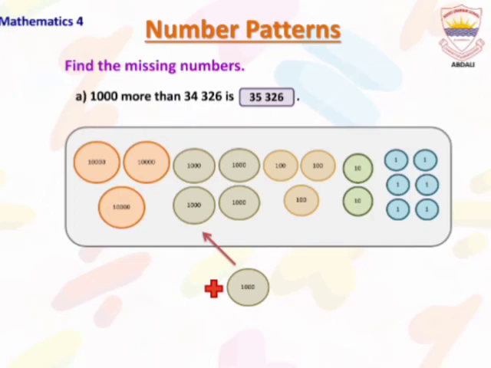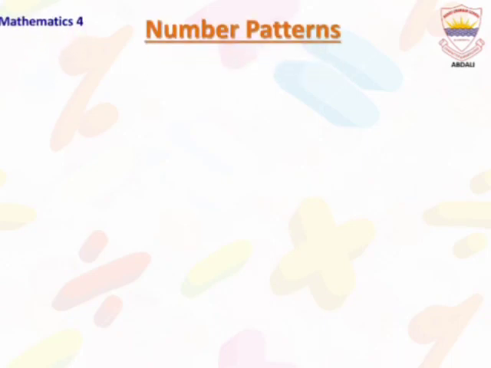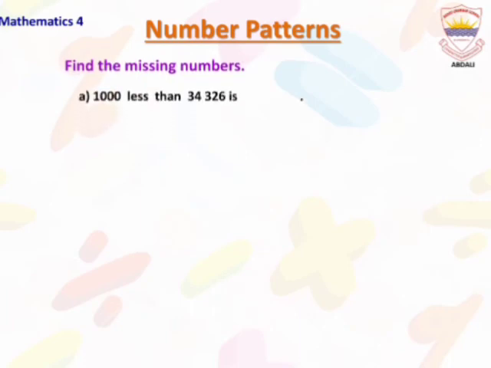Now, students, it's time for less than in the 1,000 place. Our question is to find the missing number: 1,000 less than 34,326.